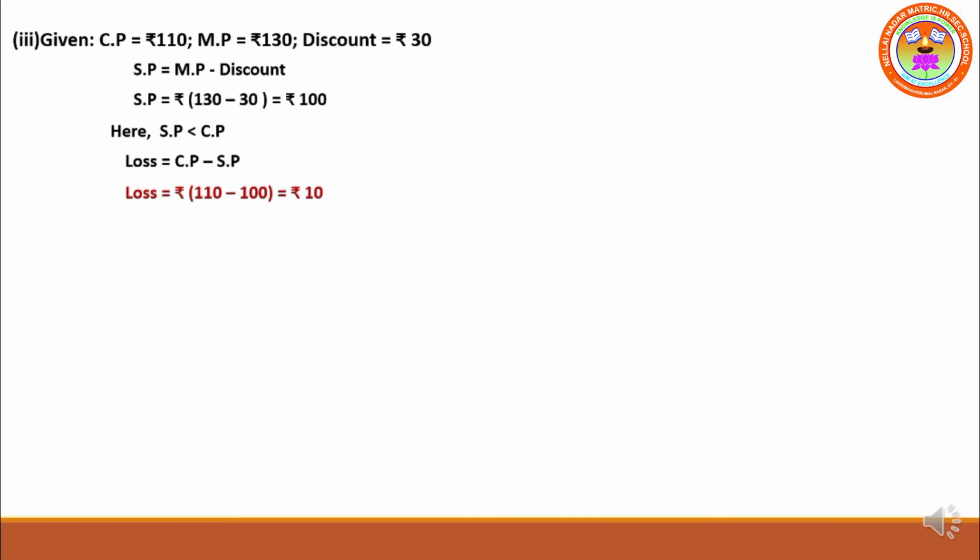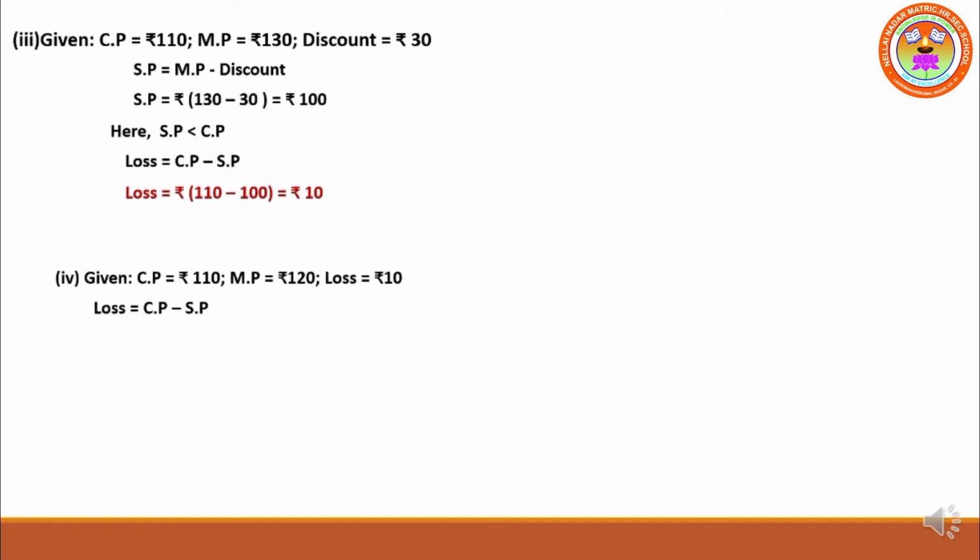Now, the fourth sum. Here, we have been given CP as 110, MP as 120 and loss as 10 rupees. So now what should I do? In the previous sums, only 3 things were given: CP, MP and discount. Now here, again 3 things only, but instead of discount, we have been given loss. So there's a little bit of change.